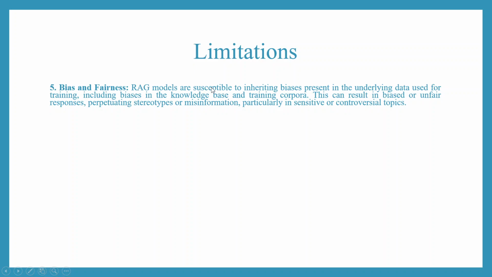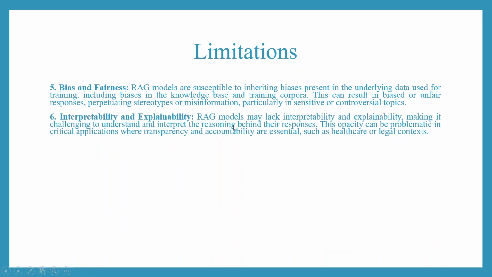RAG models are susceptible to inheriting biases present in the underlying data used for training, including biases in the knowledge base and training corpora. This can result in biased or unfair responses, perpetuating stereotypes or misinformation, particularly in sensitive or controversial topics. RAG models may lack interpretability and explainability, making it challenging to understand the reasoning behind the responses.